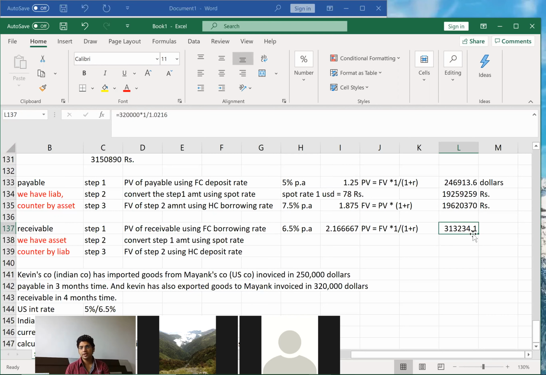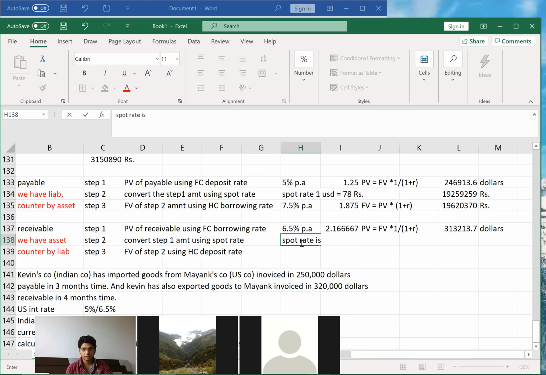So 3,20,000 present value will be so many dollars, 313,213.